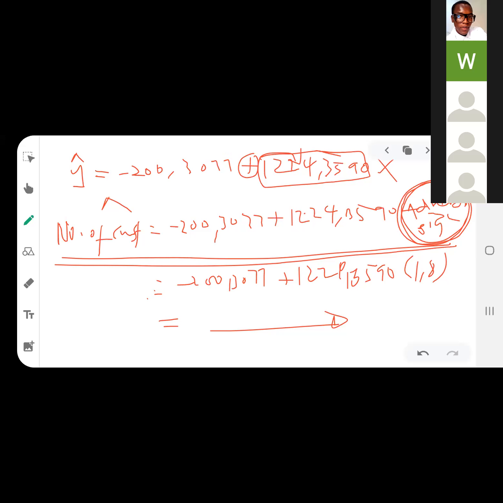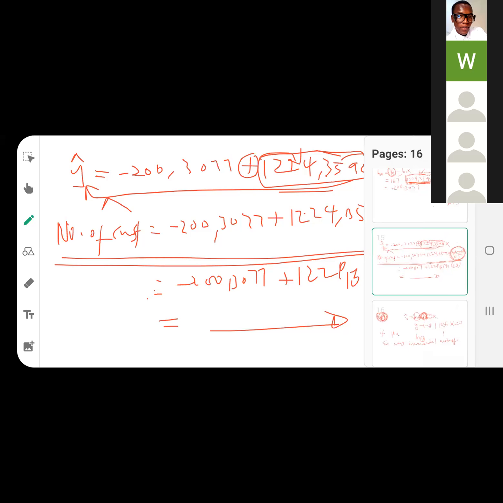Why are we saying increase? Because this slope will affect the value of x, and the value of x, remember, affects the value of y or y hat. So that's the interpretation. You need to interpret everything you have calculated.